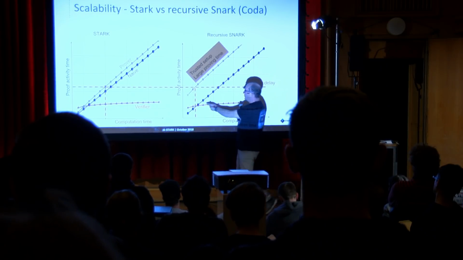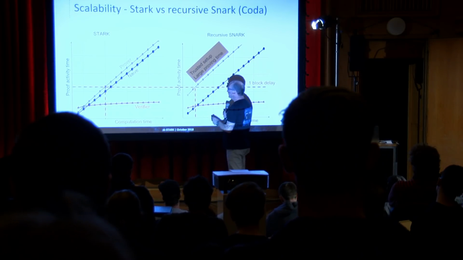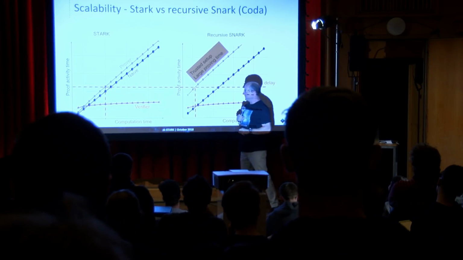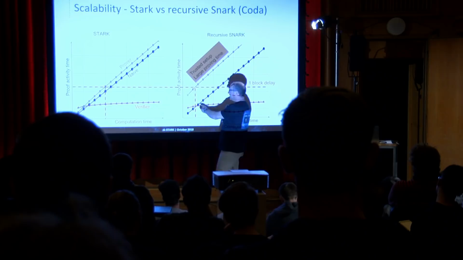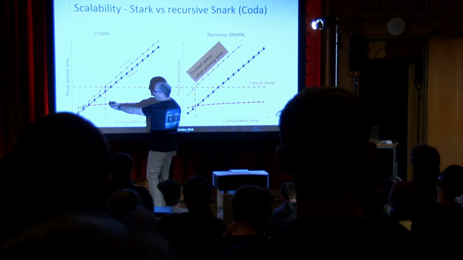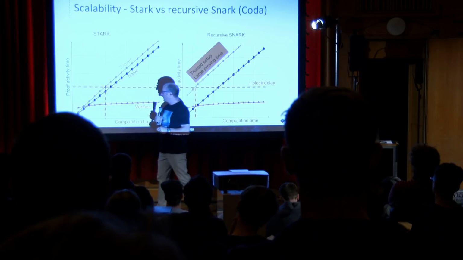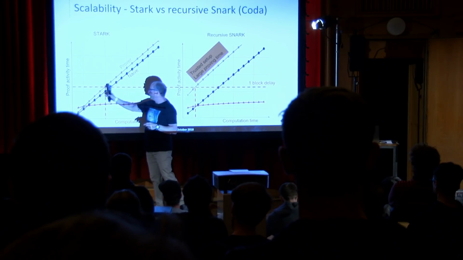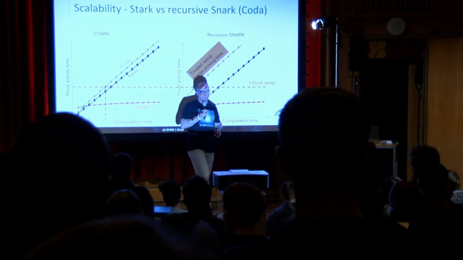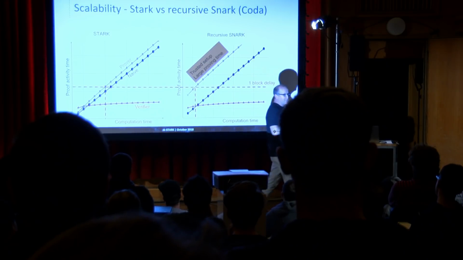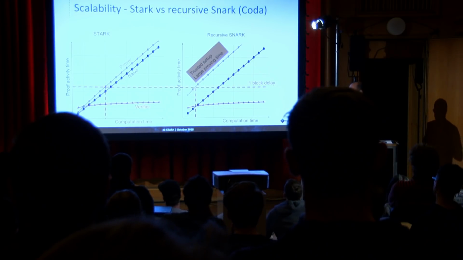But if you have such a blow up in proving time, you might not reap a lot of benefit from verification, from the scalability. With a Stark, because the Stark prover is more efficient, you will be benefiting more. You'll get a bigger discrepancy, or a factor of savings, of verification over naive computation.